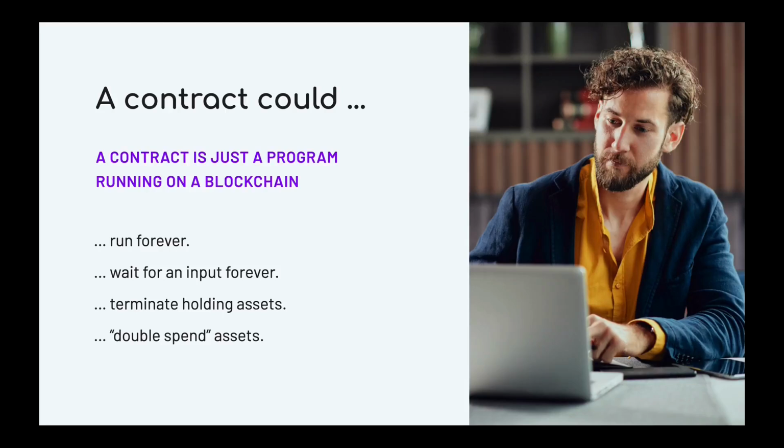If it's waiting for me to make a choice, it could potentially wait forever. It could also, as a program holding assets, terminate holding on to those assets. So it could lock up those assets forever. And potentially it could double spend, I guess. In principle, a program could try and do that. So there's a whole lot of security issues that a program might have.